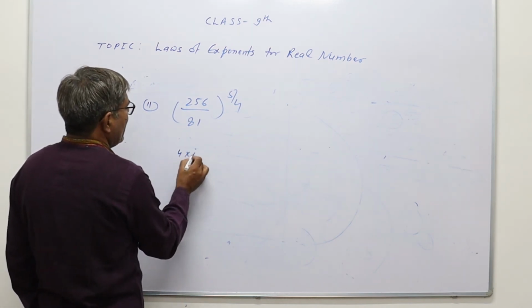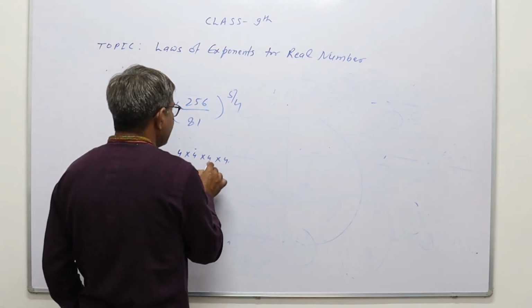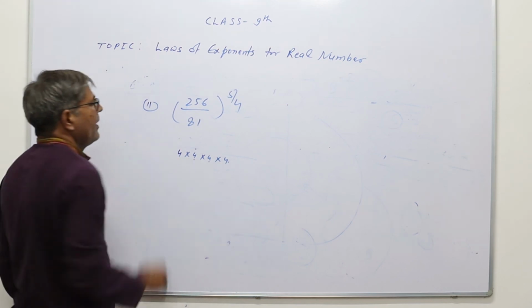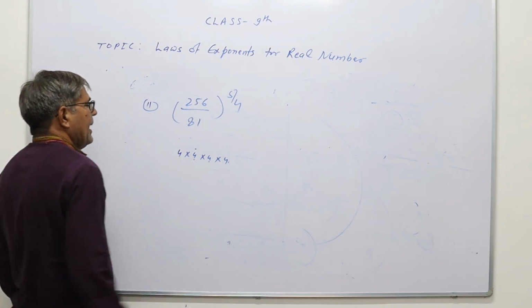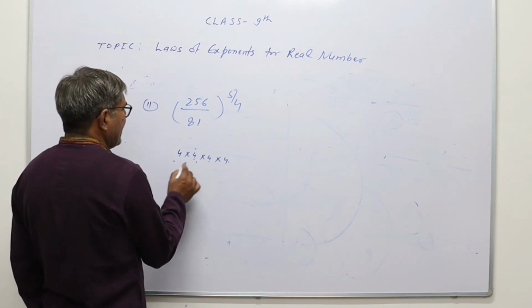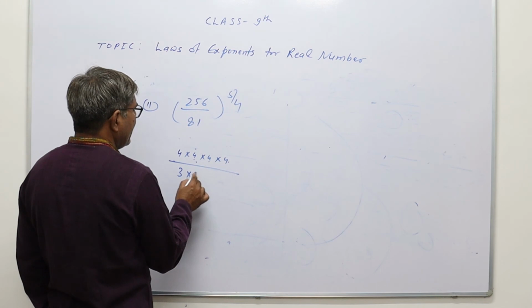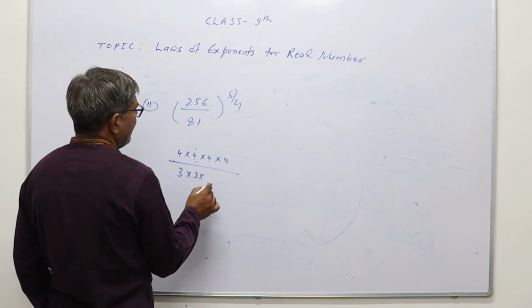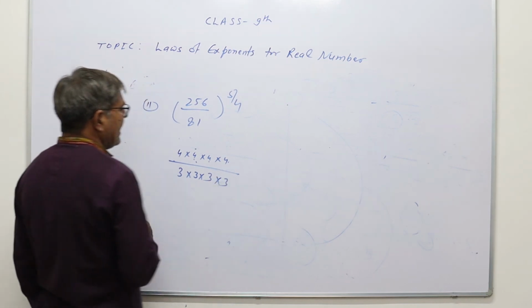So 4 into 4 into 4 into 4. 4 fours are 16, 16 fours are 64, and 64 fours are 256. Here 3 ones are 3, 3 twos are 6, 3 threes are 9, 9 threes are 27, 27 threes are 81.